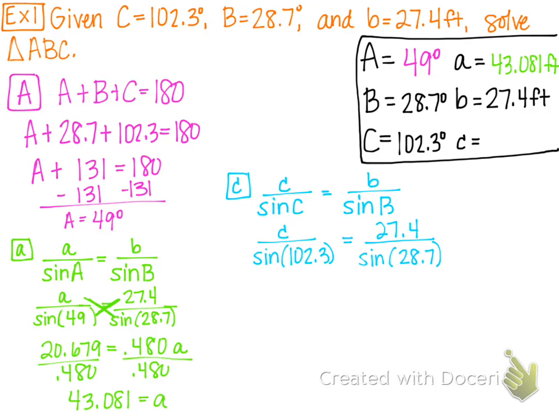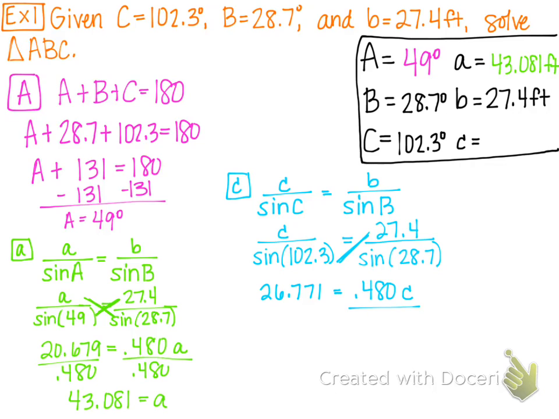Okay, again, we're going to cross multiply. We're going to multiply 27.4 times sine of 102.3, and we get 26.771. Then we're going to find sine of 28.7, which is 0.480, times c.